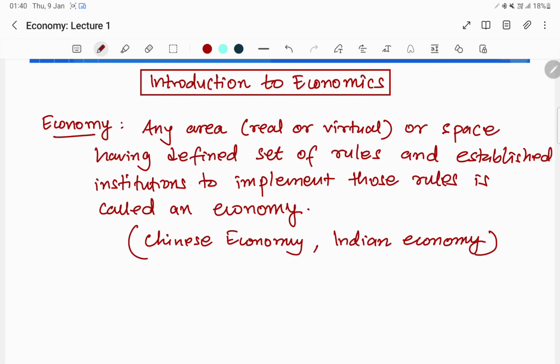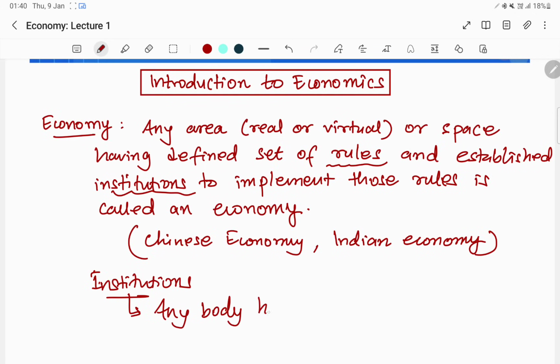so they are having a defined set of rules and established institutions. What are institutions? Institutions are nothing but any body having a well defined structure. And what do you mean by the structure of the body?